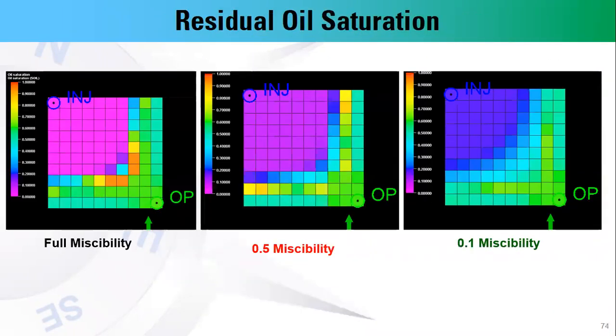And this is in terms of residual oil saturation. Full miscibility means we have very low residual oil saturation. Against 0.1 miscibility, we have these grid cells in the blue color with high residual oil saturation.